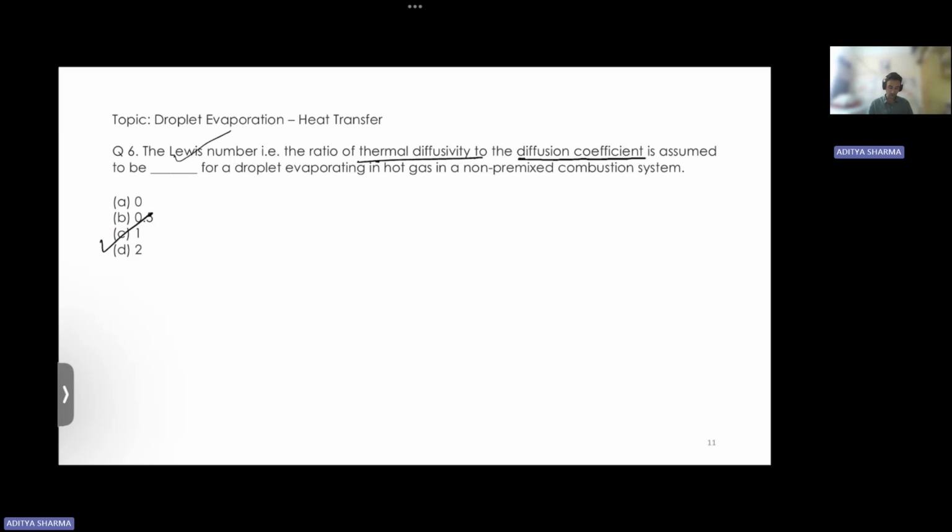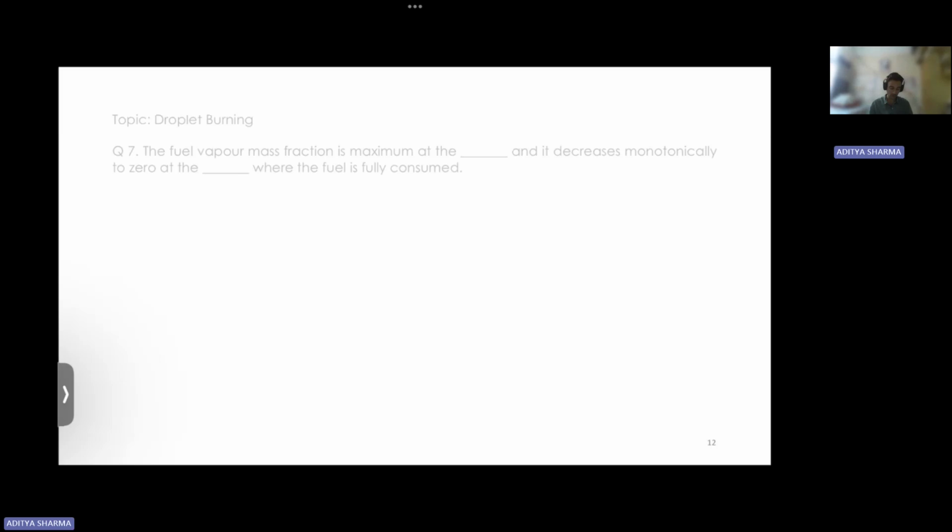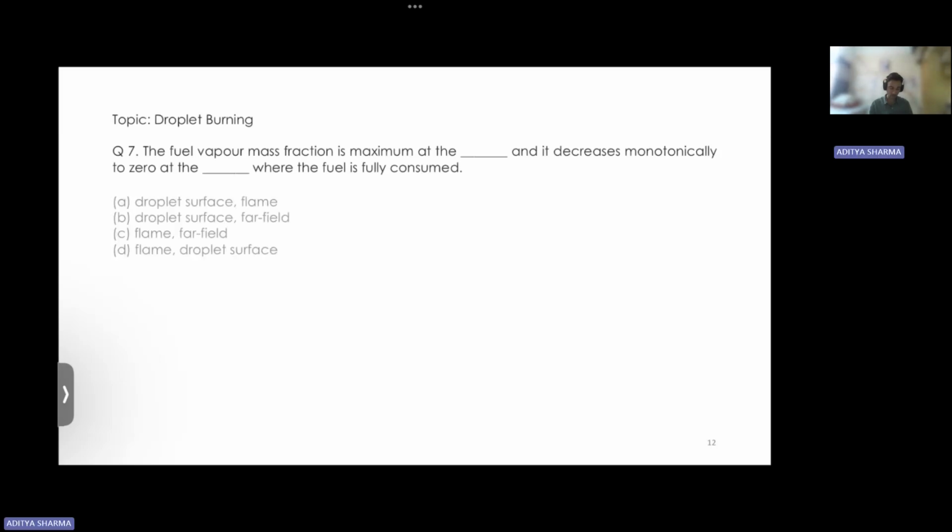So this was your question number 6 on Lewis number from droplet evaporation heat transfer, lecture number 31. This was answer C. So moving on to the next question, question number 7 on droplet burning.